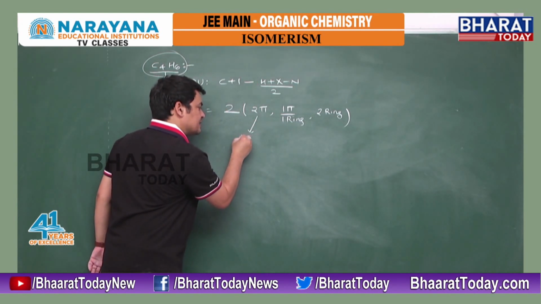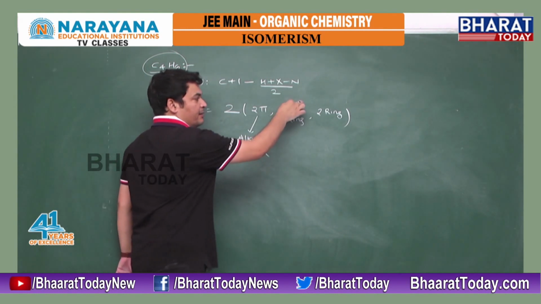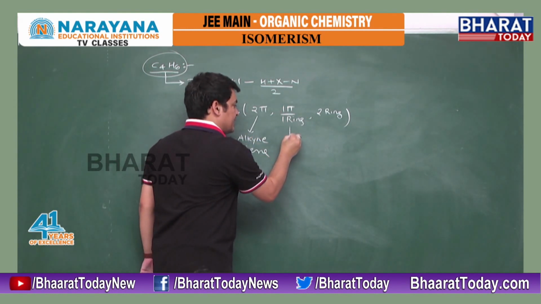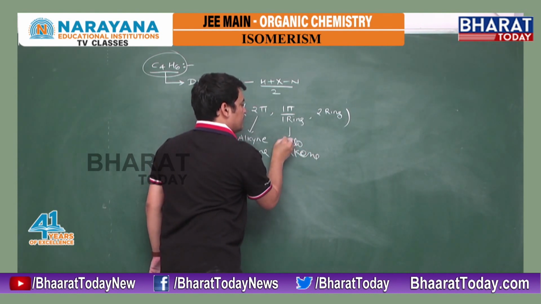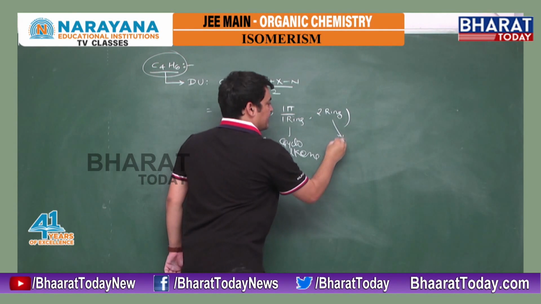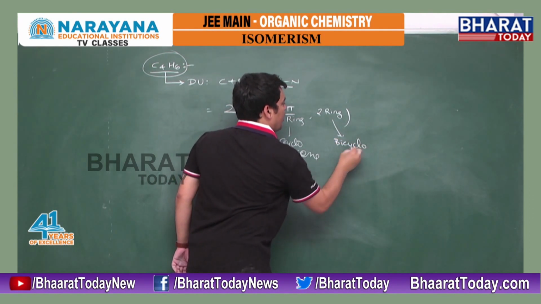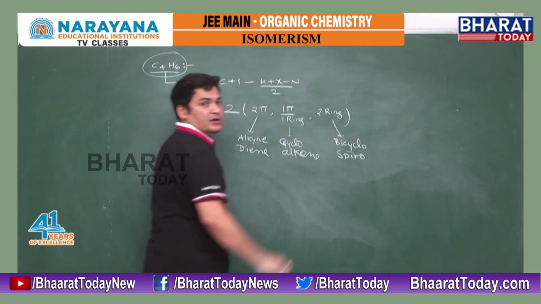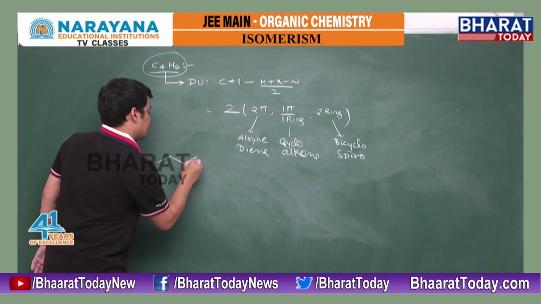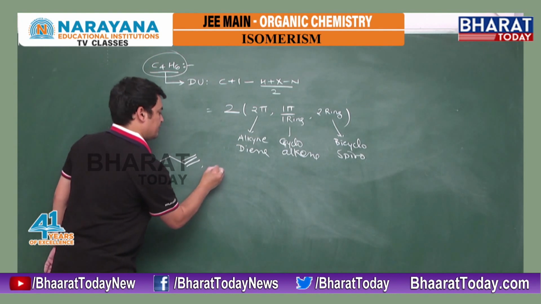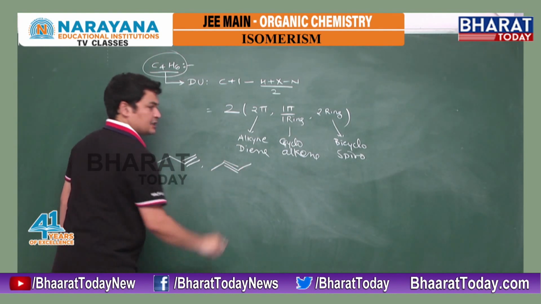That can be alkyne, that can be diene. 1 pi maintained, 1 pi ring, that can be cycloalkene. Both ring, that can be bicyclo or spiro. These are the possibilities. Now we can check easily. Both pi together, 1 position change, this one.